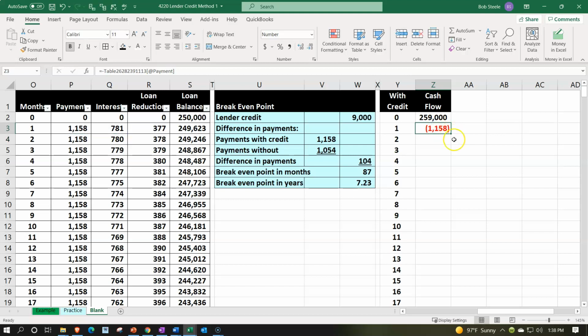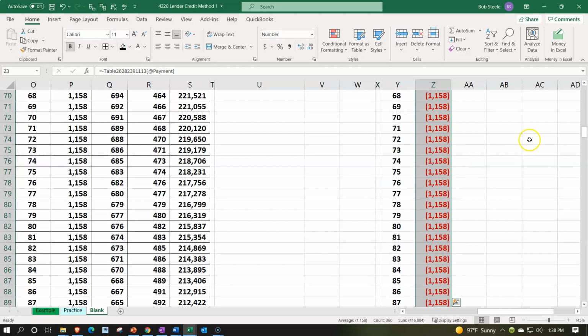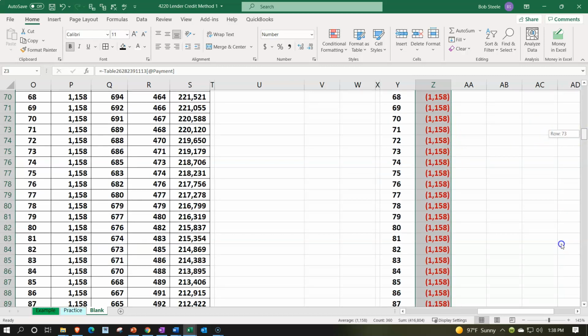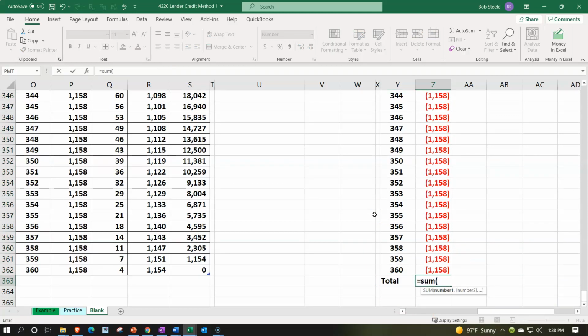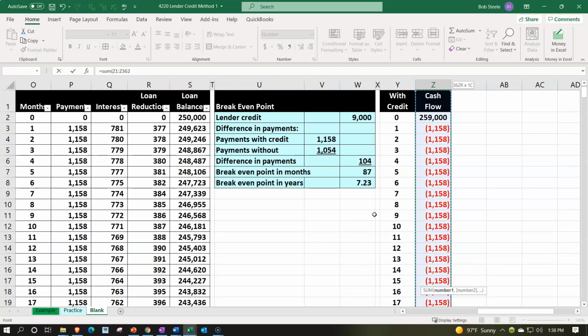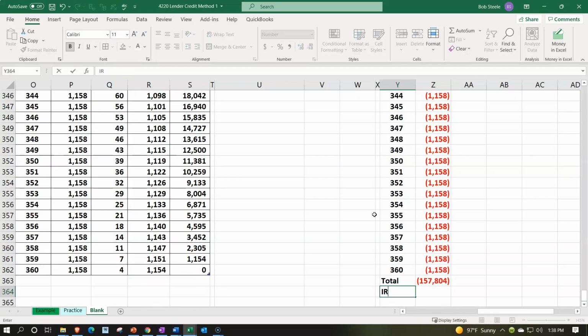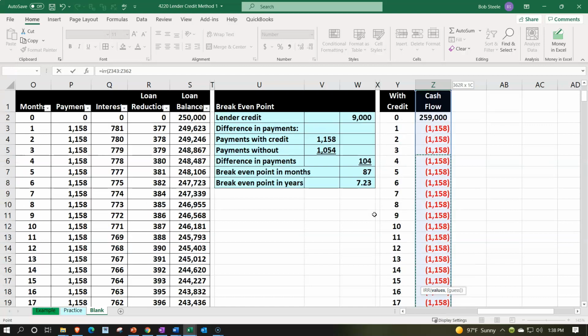Let's double click and bring that on down. And scroll on down, take a look at it. We'll see what we have down here. We'll sum this up with the total. Total equals the SUM. And then summing this up. So there we have that. And then the IRR is going to be equal to the IRR of this whole thing.